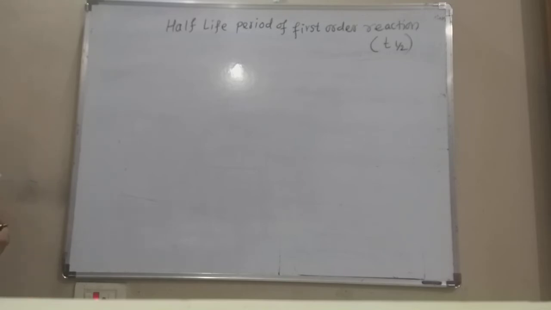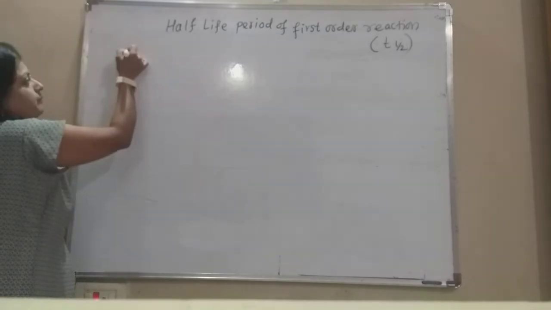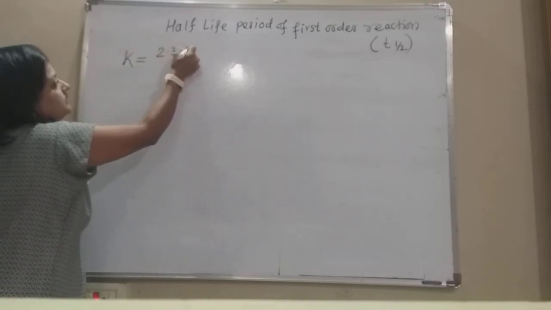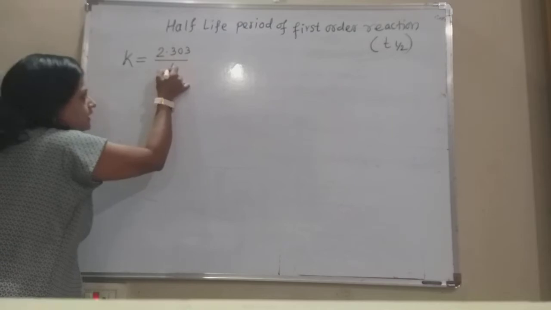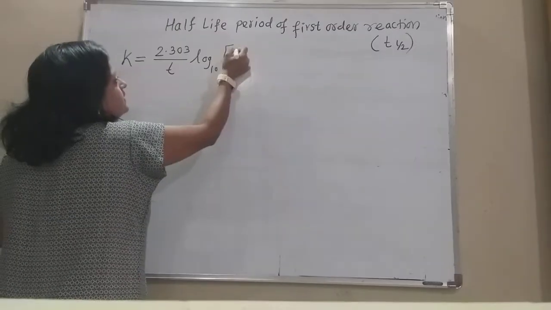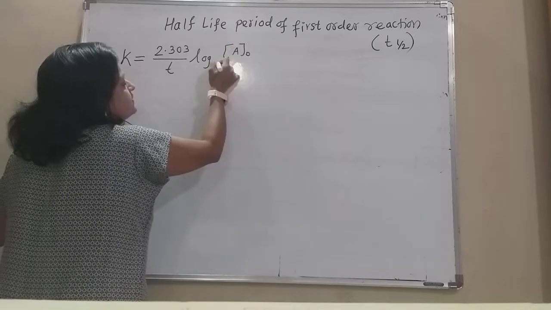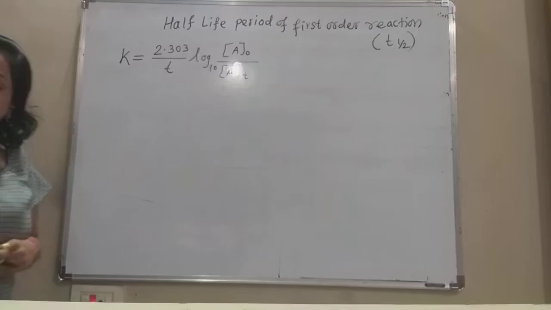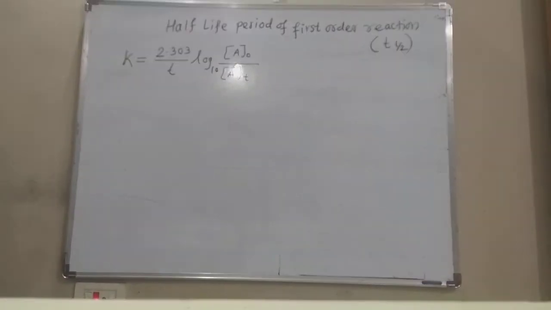Now take the integrated law of the first order reaction. We know that k is equal to 2.303 divided by t log to the base 10 of the initial concentration divided by the concentration at time t of A. Now this is our integrated rate law.